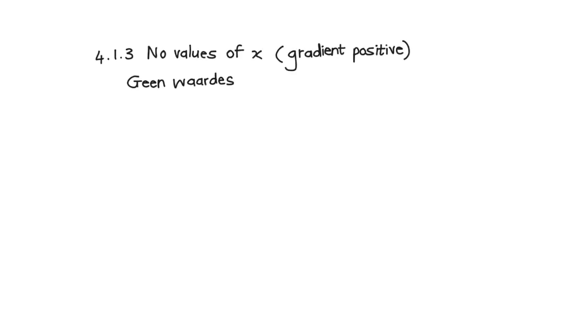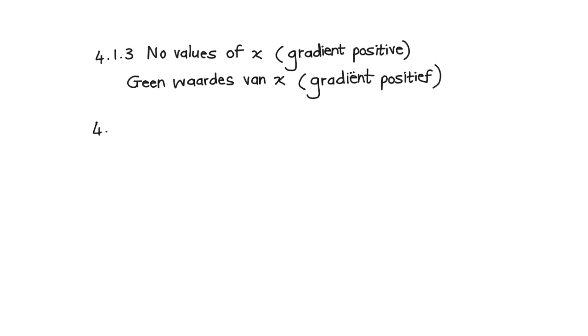And with an increasing function, the gradient is always positive. And that means that the derivative will always be positive. So if they ask you for which values of x is the derivative negative, it means for no values of x, since the gradient is always positive. This question counted 1 mark, and you get 1 mark for the answer.